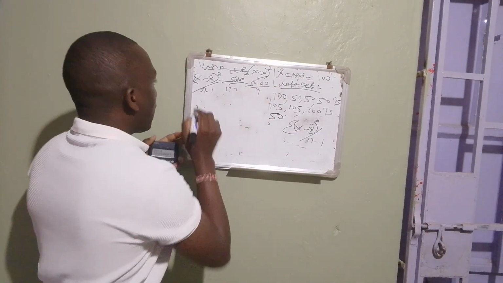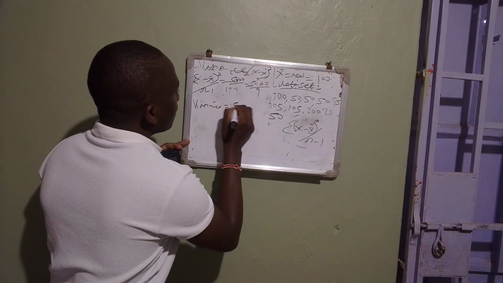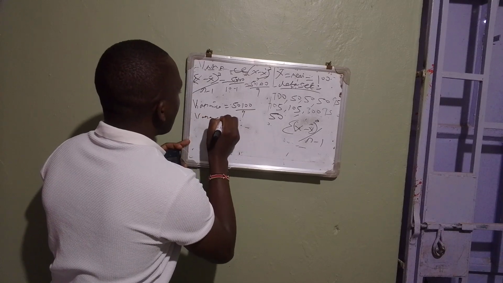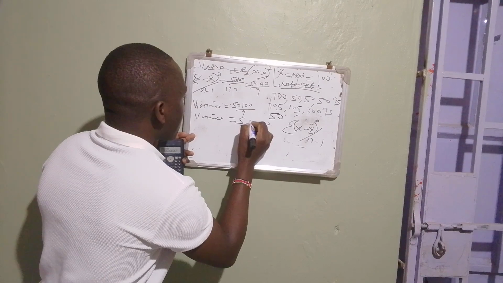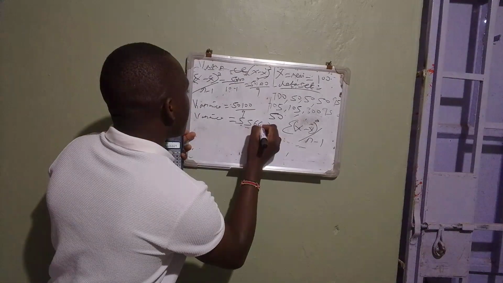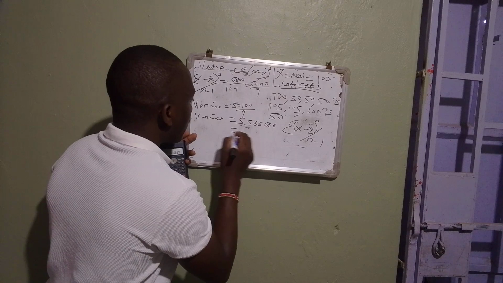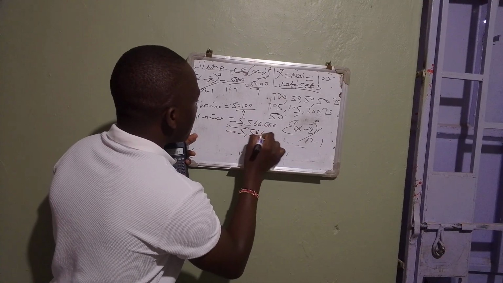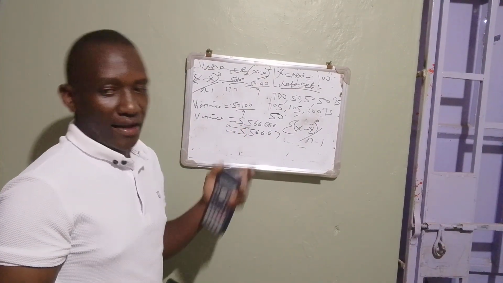And it was our variance. So when you divide this using a calculator, you get 5566.666 and so on. So to round off it will be equivalent to 5566.67. That is our variance.